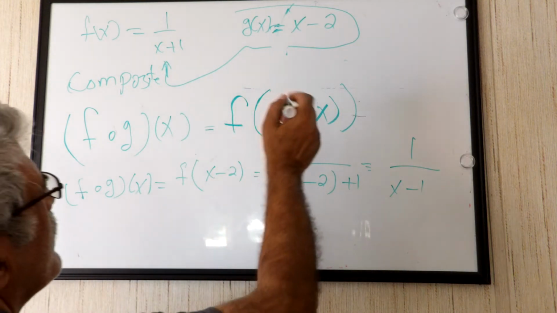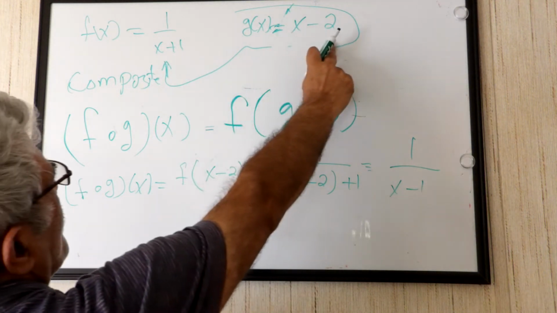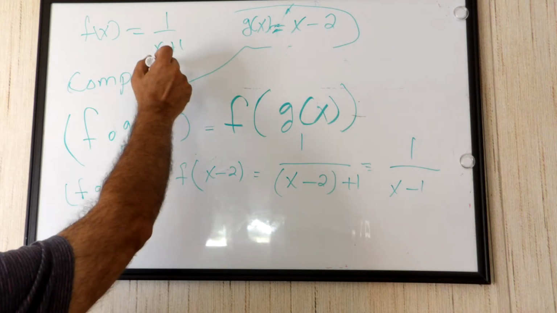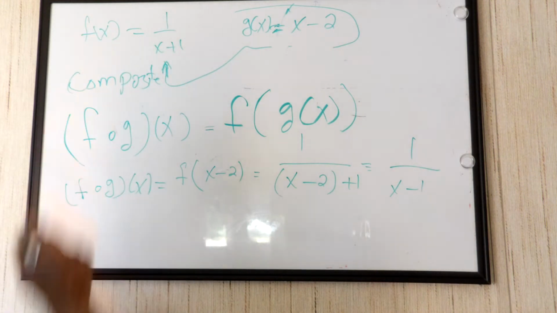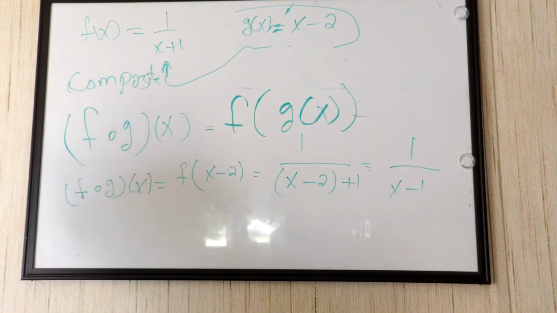So we find that g of x here, which is x minus 2, we put the value of x in this function f of x.